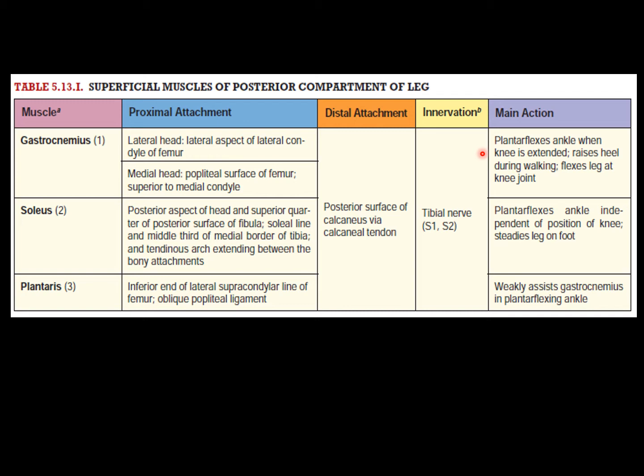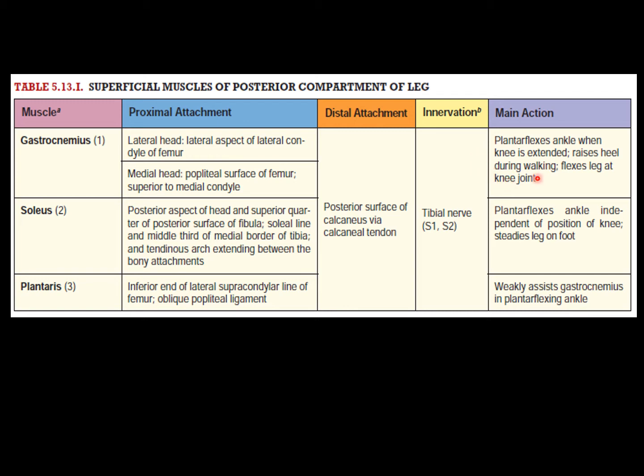If the knee is extended, there will be a strong plantar flexion, as compared to when the knee is flexed, where the plantar flexion is a little weakened. So remember that gastrocnemius is the main plantar flexor of the ankle joint when the knee is extended, and it raises the heel during walking.